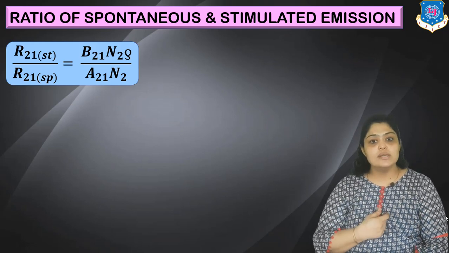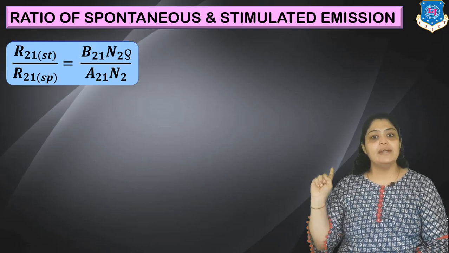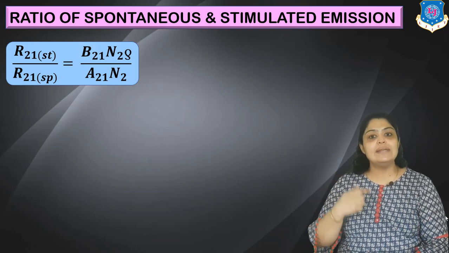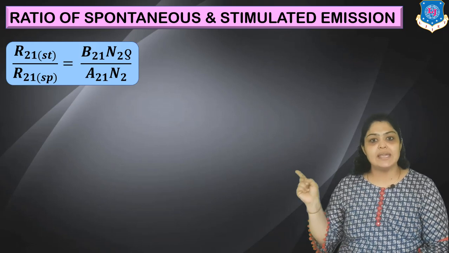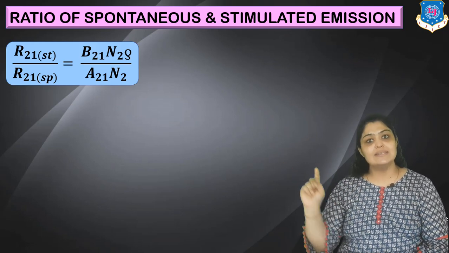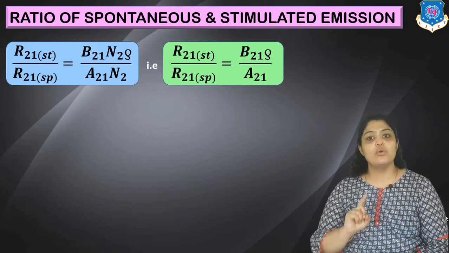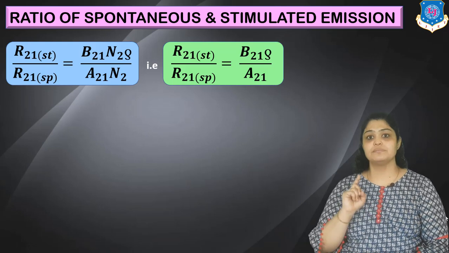So what he did was compare the two types of emission processes. He compared R21 stimulated and R21 spontaneous by taking the ratio. R21 stimulated upon R21 spontaneous gives B21 rho upon A21.